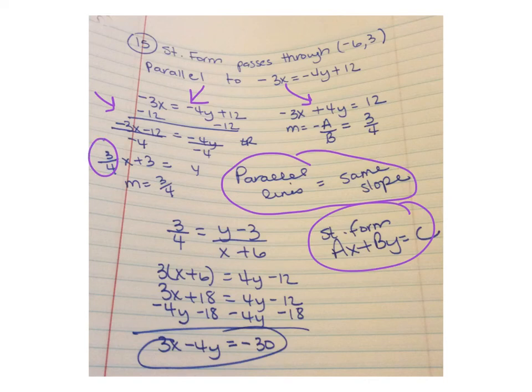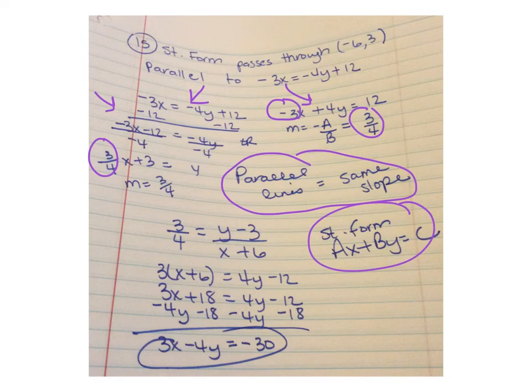And on the right-hand side, I put it in standard form, or almost standard form. And slope is negative a over b. Because my a is negative 3, when I plug it into negative a, it makes a positive 3/4. Plug in 3/4 equals y minus 3 over x plus 6.